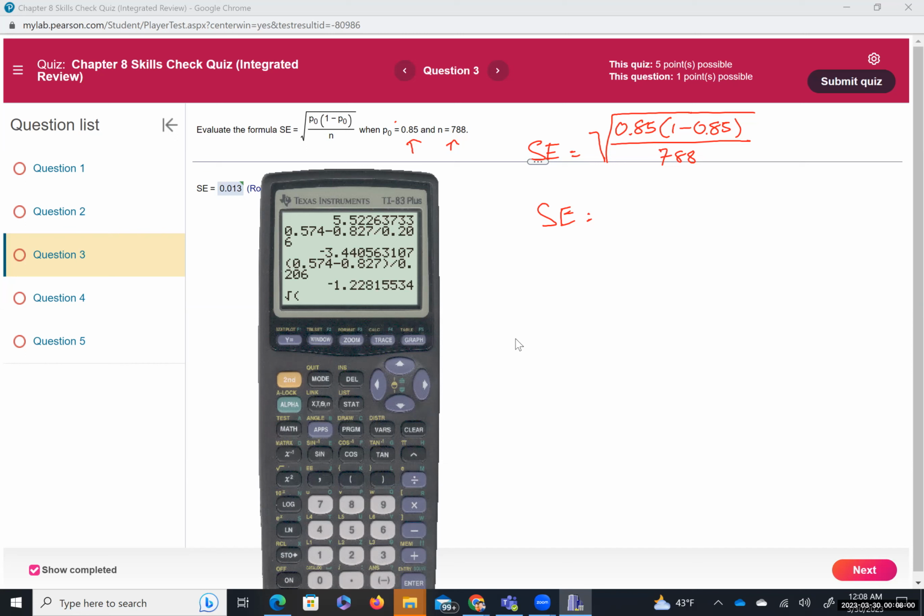It has subtraction, but it's in the parentheses already, so that's fine.